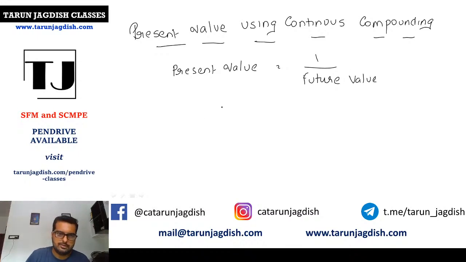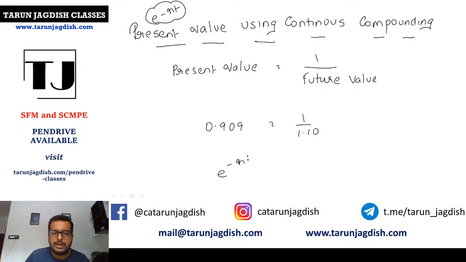Am I right? For example, 0.909 is nothing but 1 divided by 1.1. Similarly, present value using continuous compounding is e raised to minus rt. So e raised to minus rt will be nothing but 1 divided by e raised to rt. Can you write down till here in your books now?